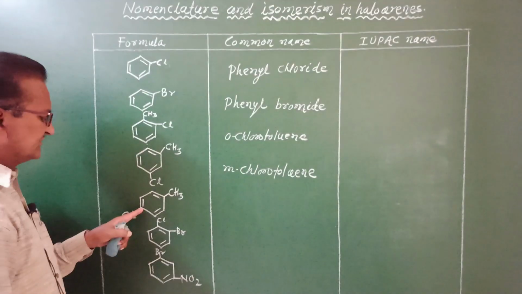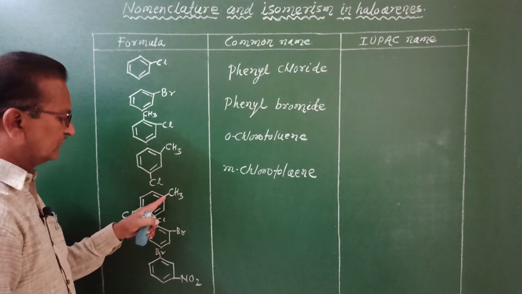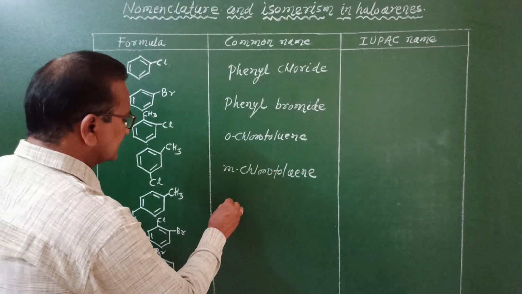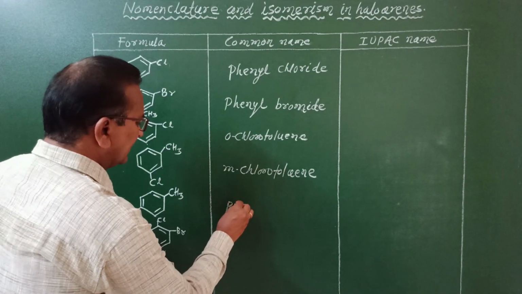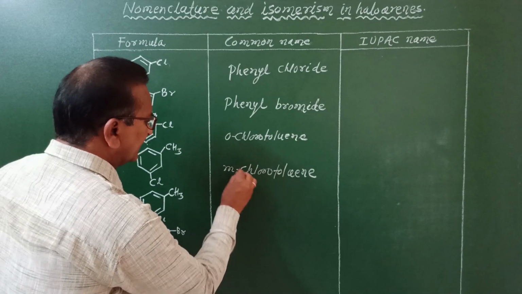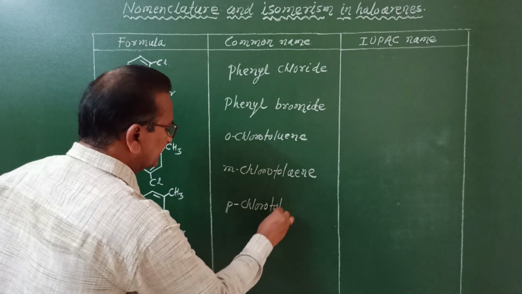Now, if substituents are present at carbon number 1 and carbon number 4 on the benzene ring, then this is denoted as para, or in short small p followed by hyphen chlorotoluene.